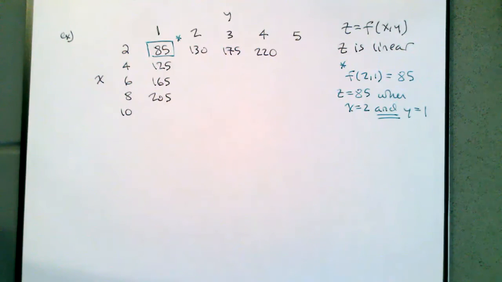So we're going to need two different rates of change. So what is the value of z when x is 2 and y is 5?